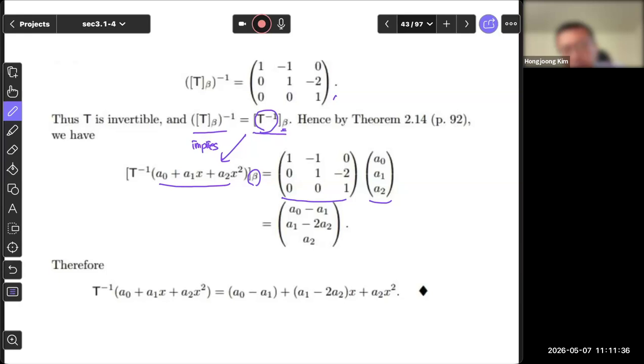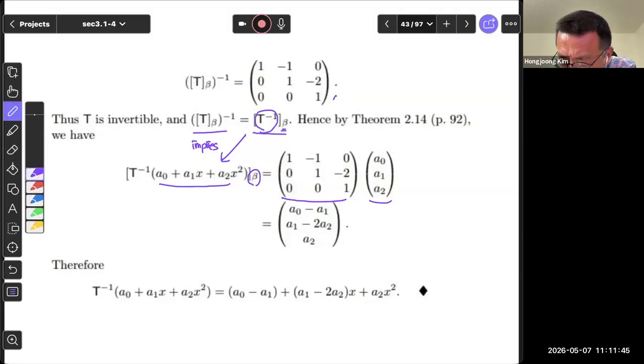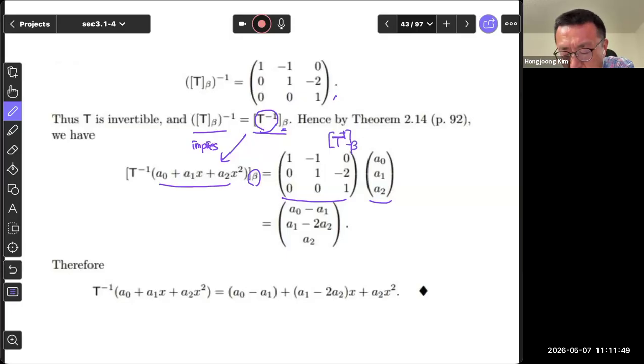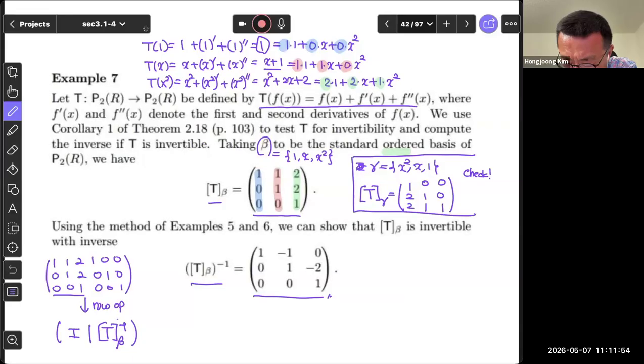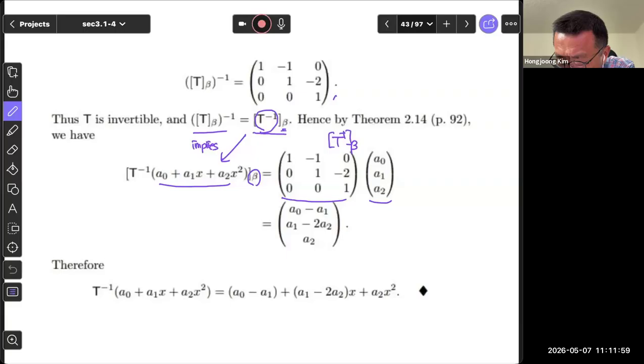So this is the coordinate of f of x with respect to beta.